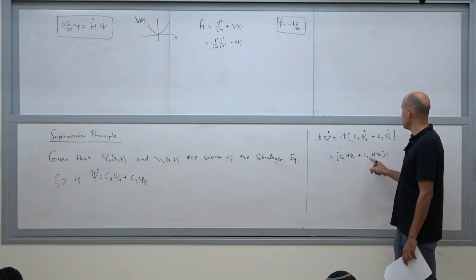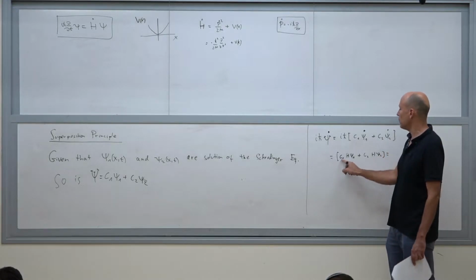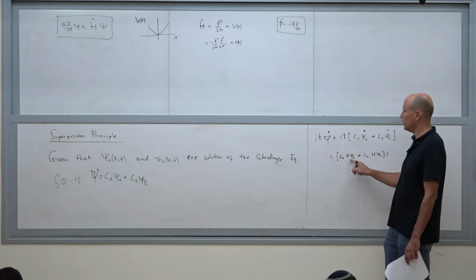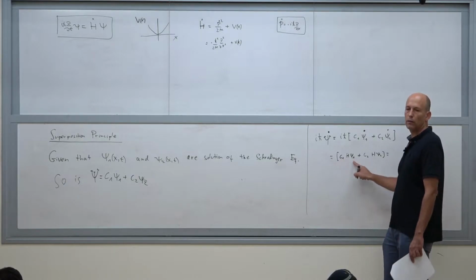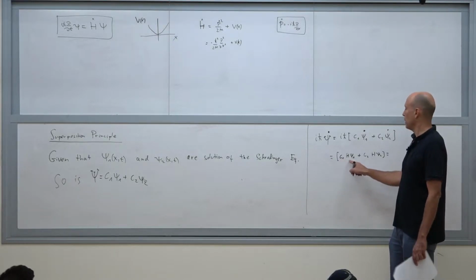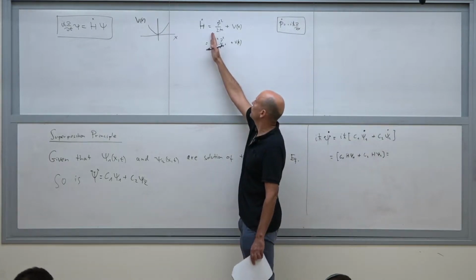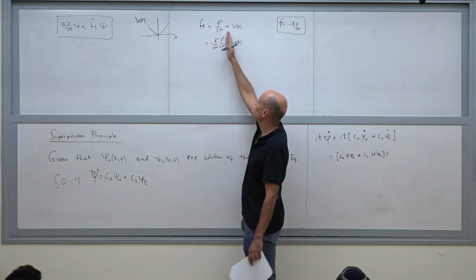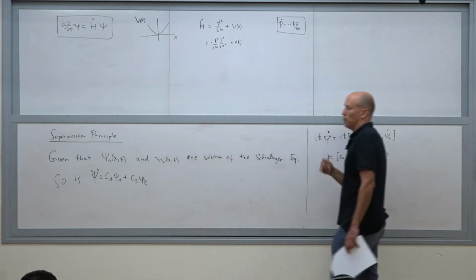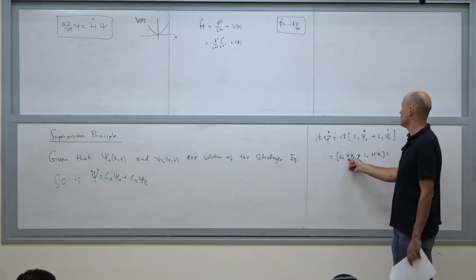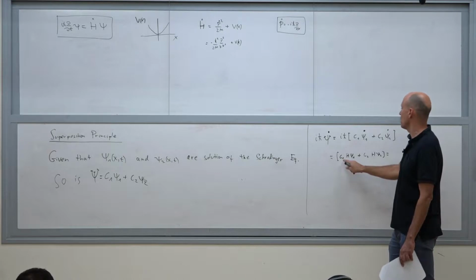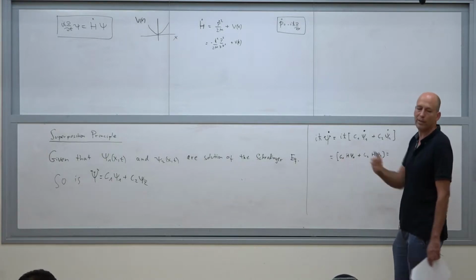But what is all this? I can move C1 and C2, because they are constants, in front of the Hamiltonian. The Hamiltonian contains derivatives, but I can put a constant here or there, it doesn't matter, because this derivative doesn't operate on C1. In other words, C1 and C2 are independent of position.